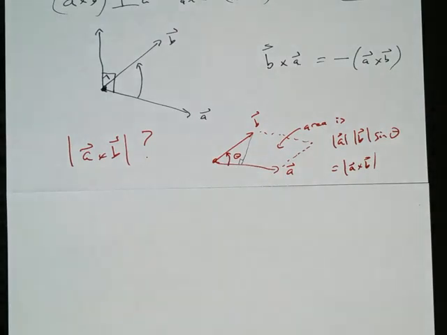Now, if I multiply by a -1, that doesn't change the length of my vector. So the length of A cross B and the length of B cross A are the same. It's just the direction that changes. Where is sine of theta equal to 0? What angles? 0 and 180.